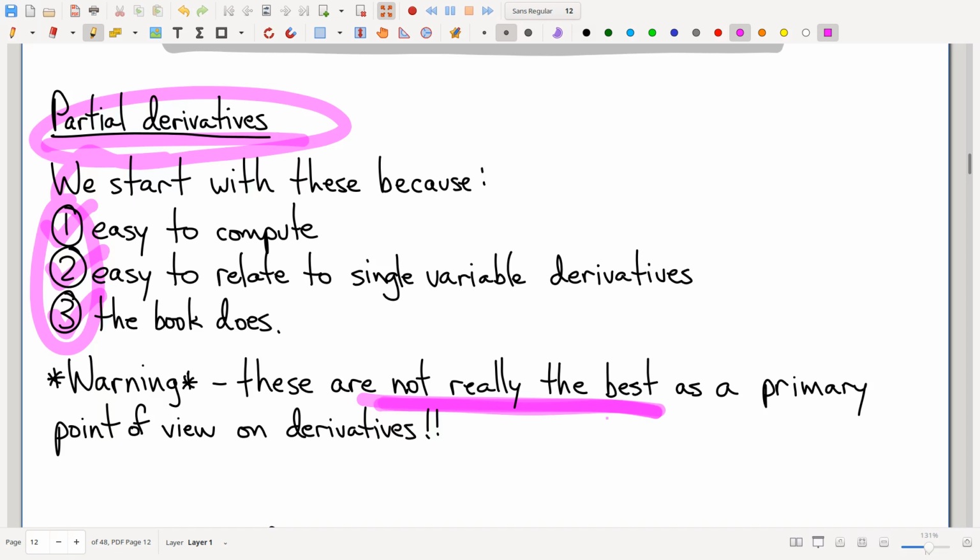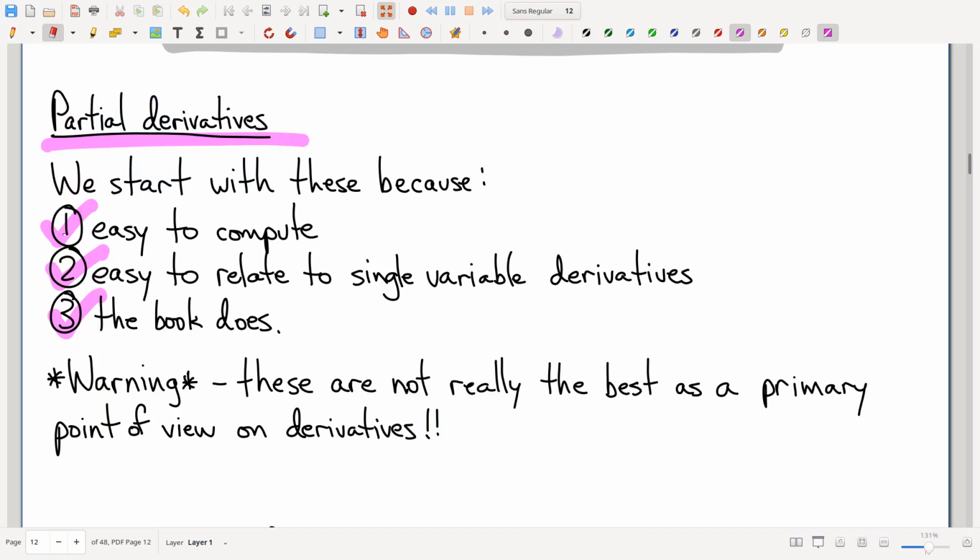Your basic intuition, when you leave this course, when someone says multivariable derivative, I do not want you to think partial derivatives. The thing that I want you to think of is something we're going to build up to later. So why do I start with something that I wish I didn't have to start with? And again, well, it's because the book does, and I kind of feel like I sort of have to.